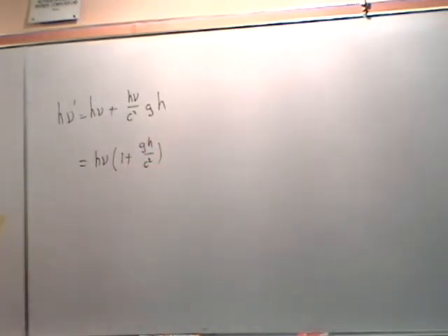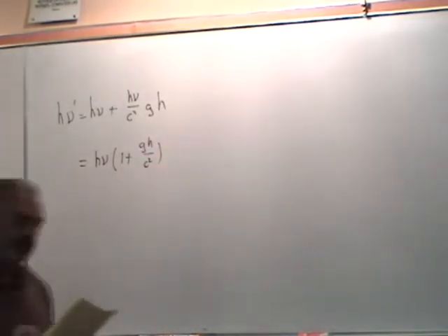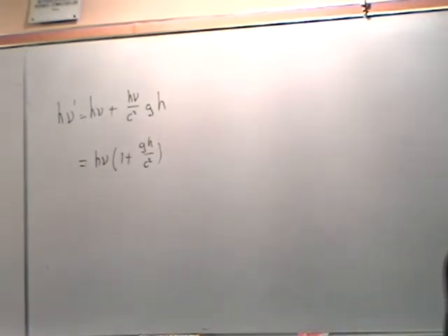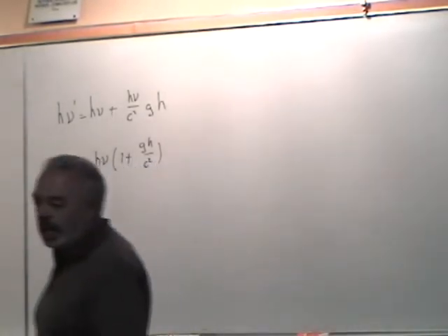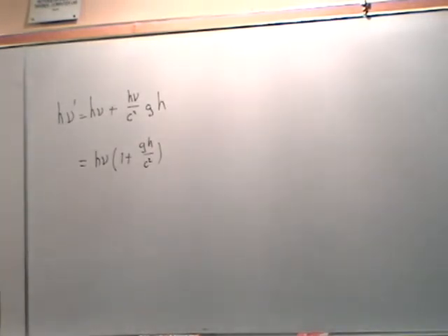Is that agree? 1 plus GH over C squared. Lovely. In 1960, two experimentalists, Pond and Ripka, working at Harvard, decided to do this experiment. And they wanted to test and see if photons do actually respond as general relativity says they must.